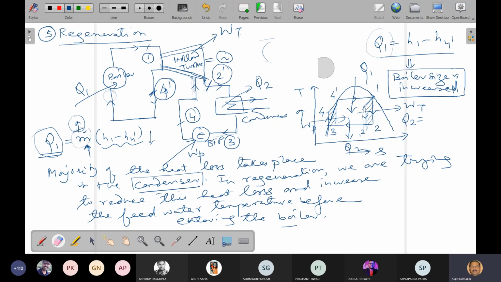One point you may have missed: in the turbine, the process is 1 to 2 dash, not 1 to 2. So that means what should be the Q2? It is H2 dash minus H3.